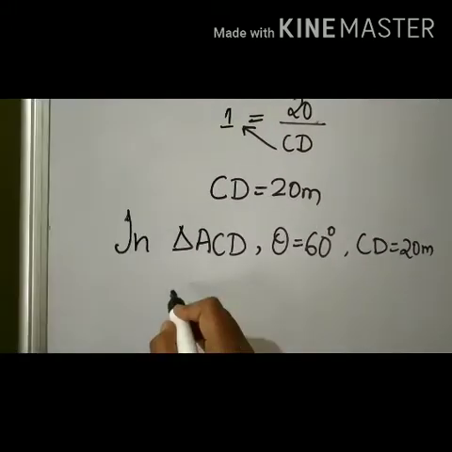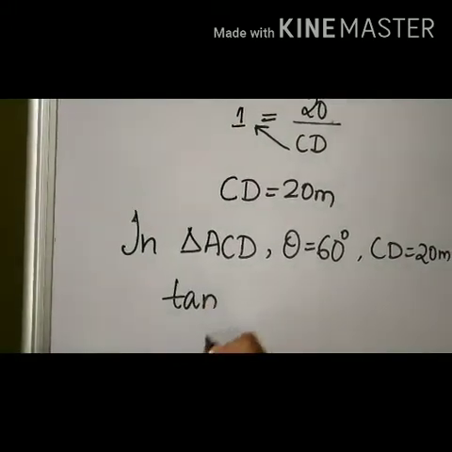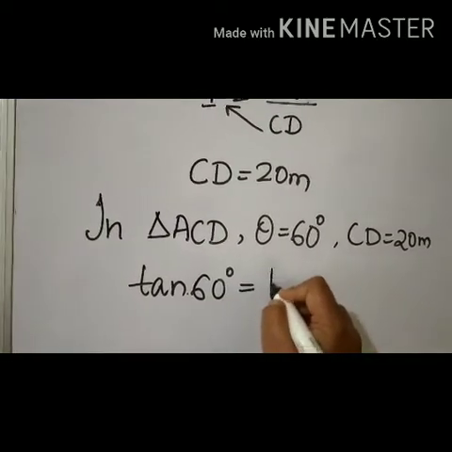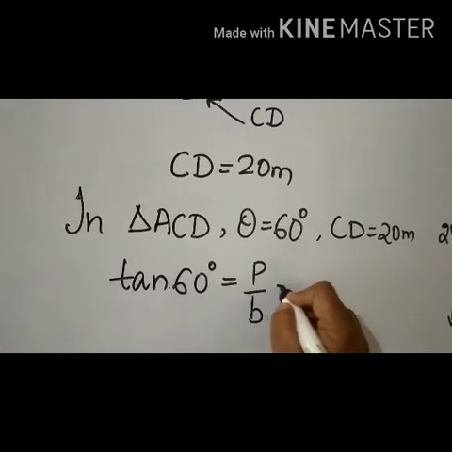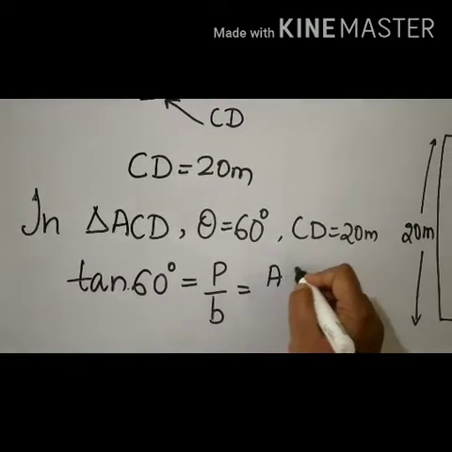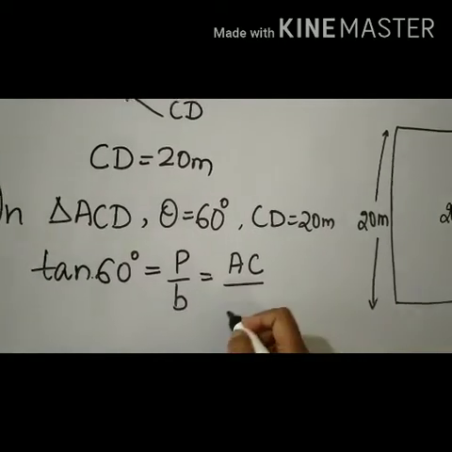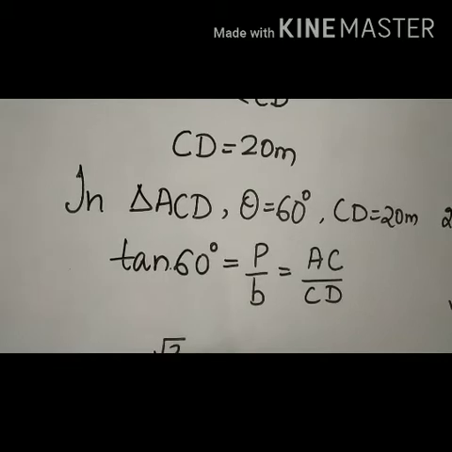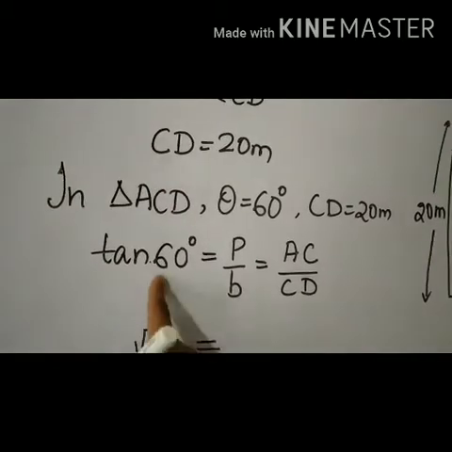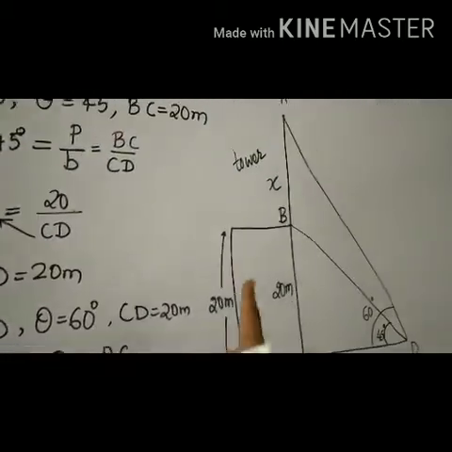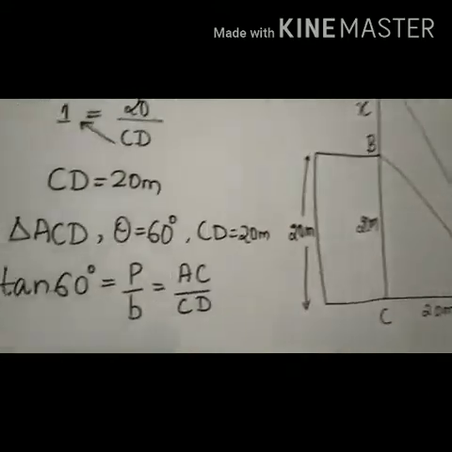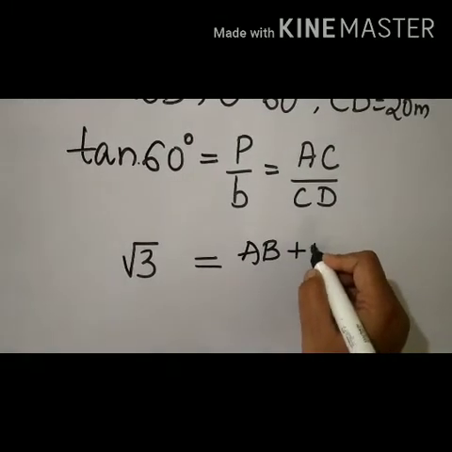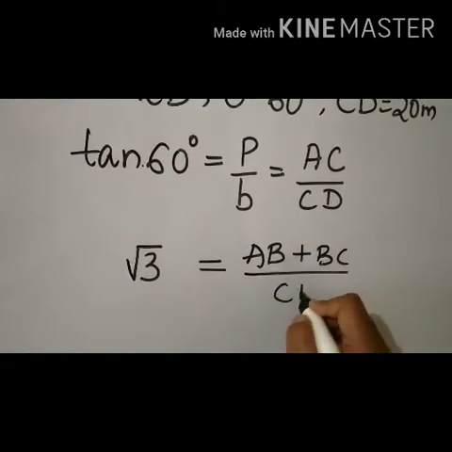So using this we will find the value of x. So here we are using the same ratio, tan 60 is equal to perpendicular by base, and here perpendicular is AC by base is CD. Tan 60 value we know that it is root 3. So root 3 is equal to AC, we can see AC is the sum of two parts, that is AB plus BC divided by CD.